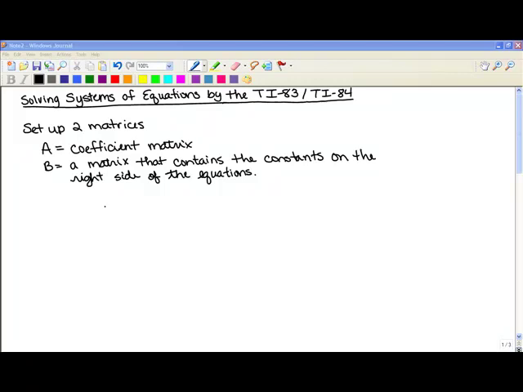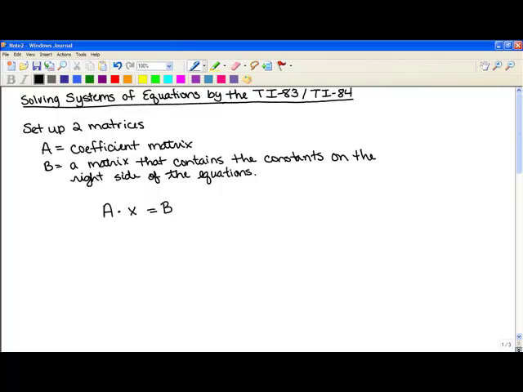The idea is that we have matrix A with the coefficients multiplied by x that represents all the variables equals the matrix B, which are the numbers or constants on the right side of the equations.